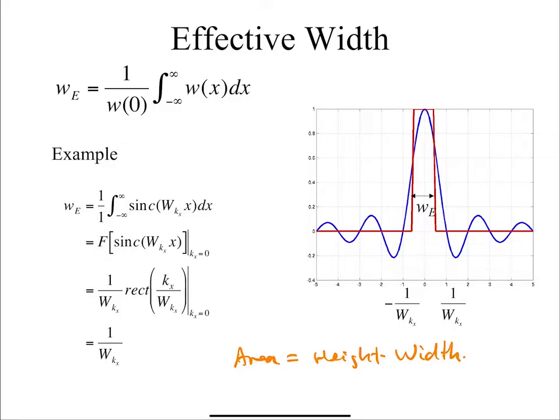And if you go through the math, what you find out is the effective width is just 1 over Wkx. So that's nice to remember. If I have a rect function in the Fourier domain of Wkx, the effective width of the sinc function in the image domain is 1 over that. So once again, easy to remember. Okay? So that's the effective width, and we're going to use that effective width as our measure of resolution. All right?